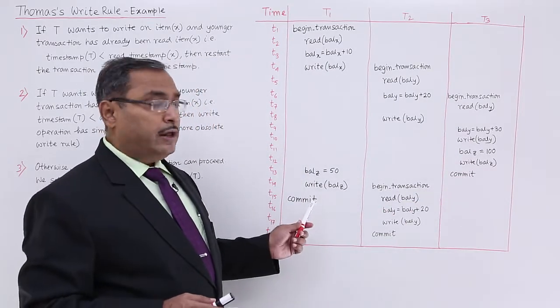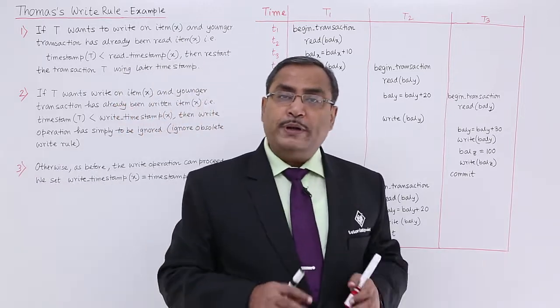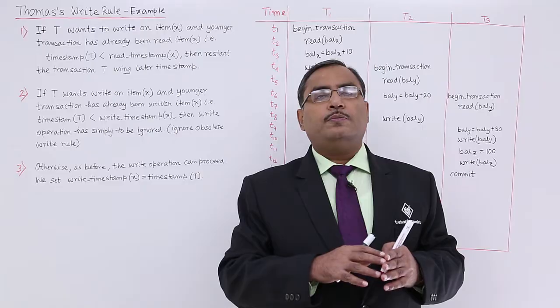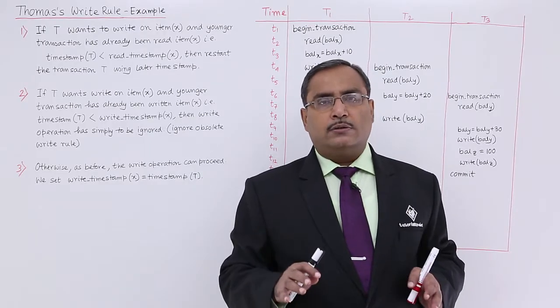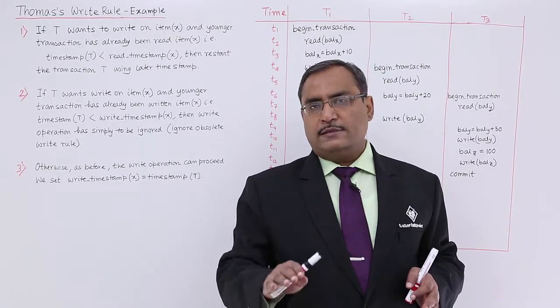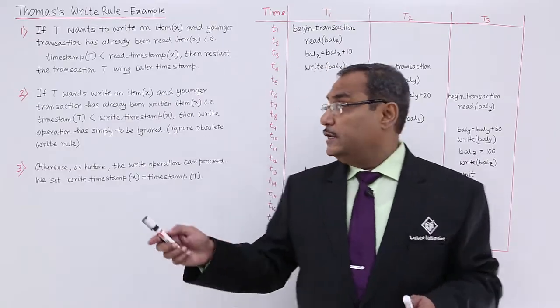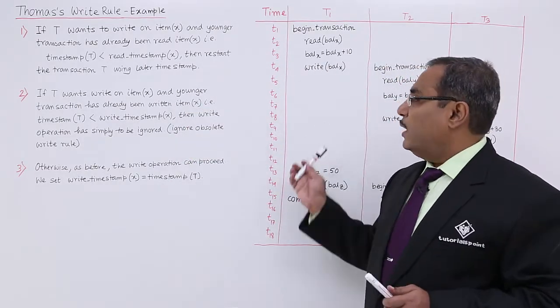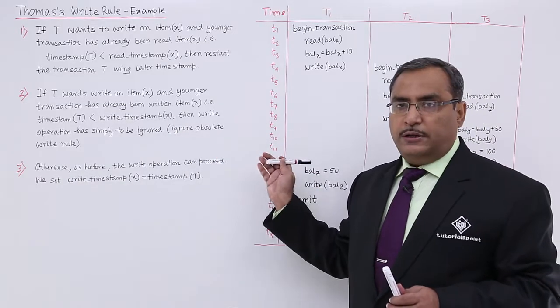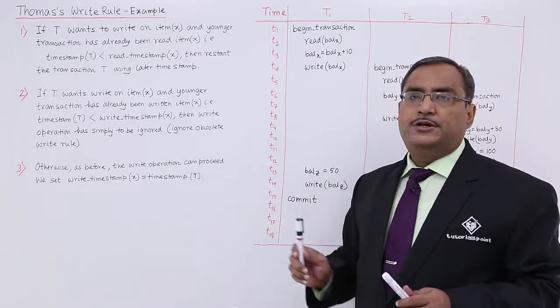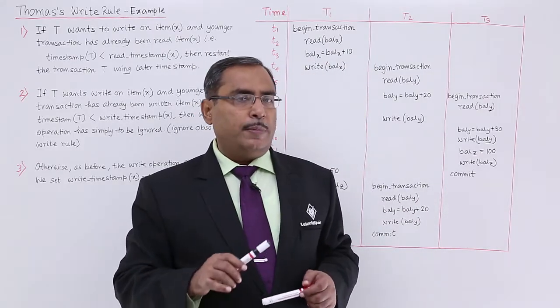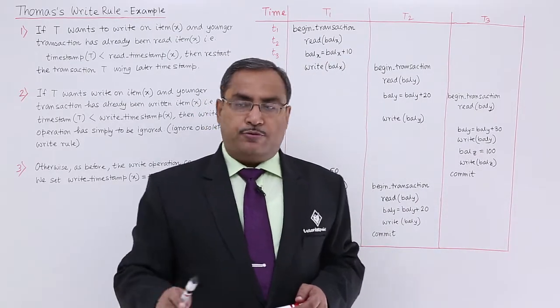So T1 has to be terminated, and this is known as the obsolete write rule. It will not be allowed to write the balance Z value onto the database. So T1 has to be ignored and the write operation will not be carried out. That is our rule number 2 in the Thomas Write rule.